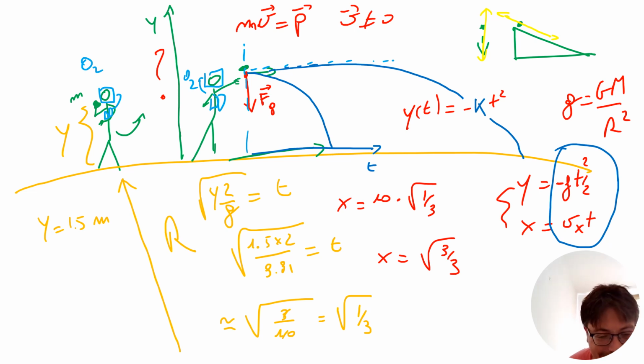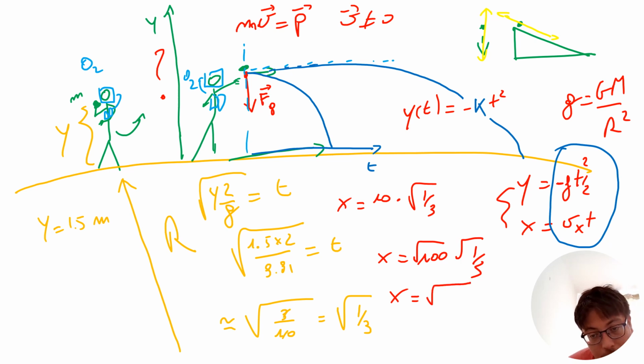Oh, no, that's why I got it wrong, sorry, I was confused. 10 is the square root of 100. So x is the square root of 100 divided by 3, so it's roughly the square root of 33, which is roughly 5.5 meters.